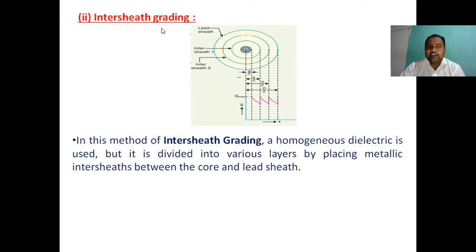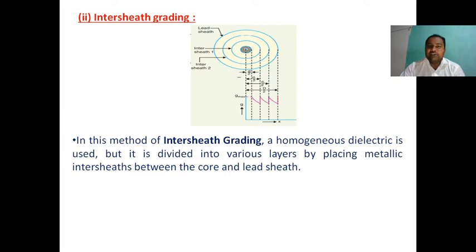Here in intersheath grading we use the same material, so depending upon the voltage distribution, the nearer conductor has more voltage, so we place more insulating material.